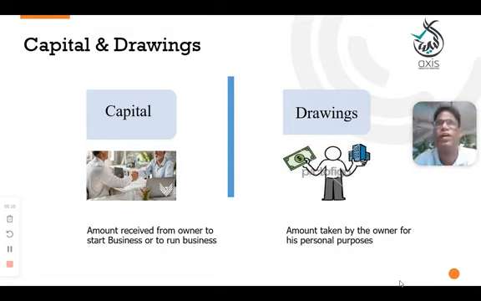If it is mentioned as owner taken cash, you just need to take it as for personal use and book it as drawings. Unless it is specifically mentioned as amount withdrawn by the owner for business purpose, that will be a different case. Unless it's mentioned, you need to treat all the amounts taken by the owner as personal use. You need to take it as drawings. Clear? Any doubts? No doubts.